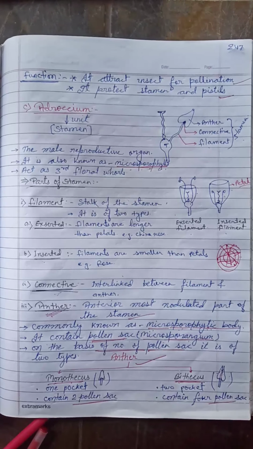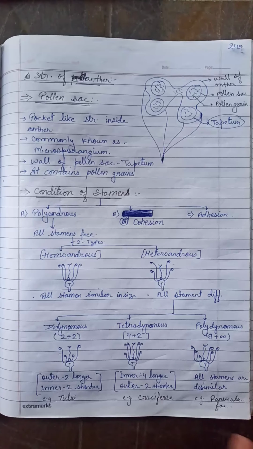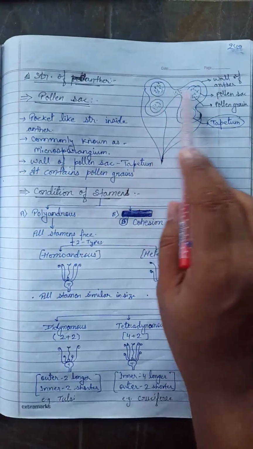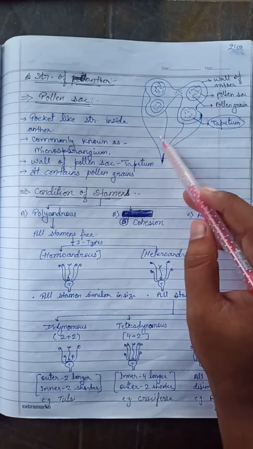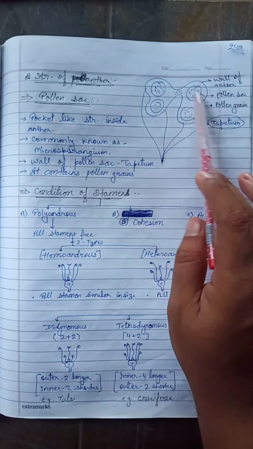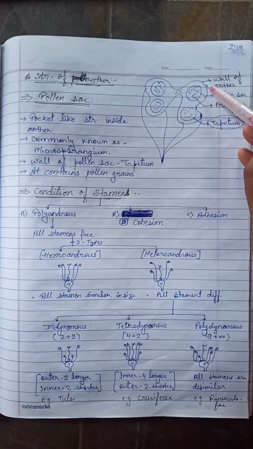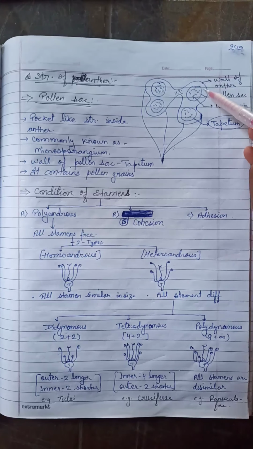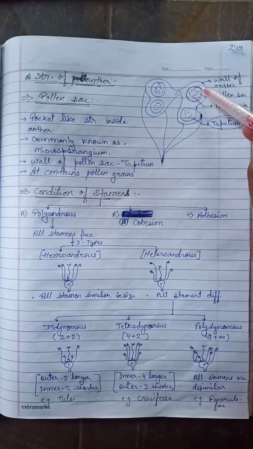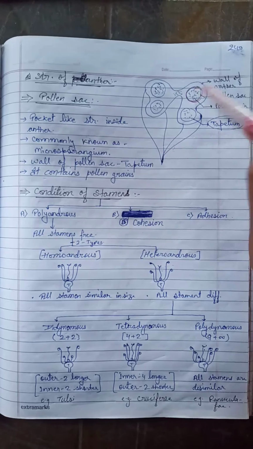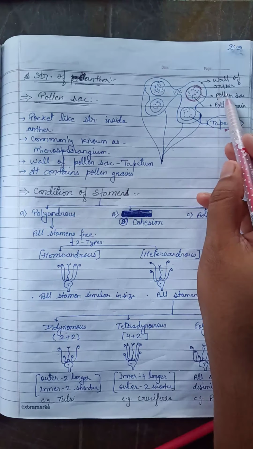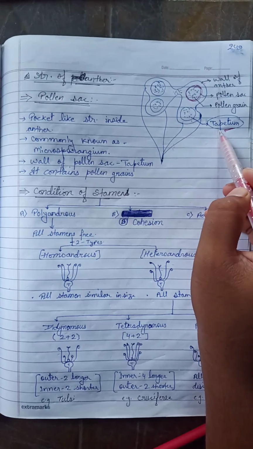Okay, now look at the structure of the anther. Here it is the structure of the dithecous anther, and it contains four pollen sacs, and this is the wall of the anther, and these are the four pollen sacs. The outermost layer of the pollen sac is called the tapetum. This is not a different name, it is the pollen sac wall, here I am writing the tapetum, that means it is not something else.